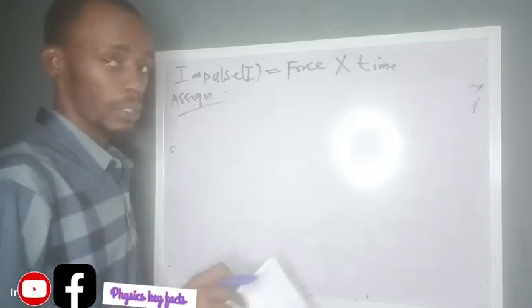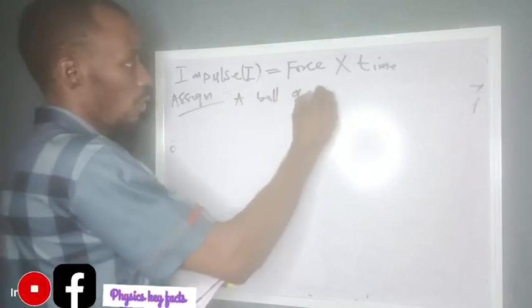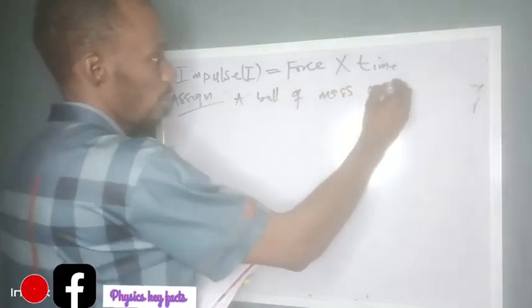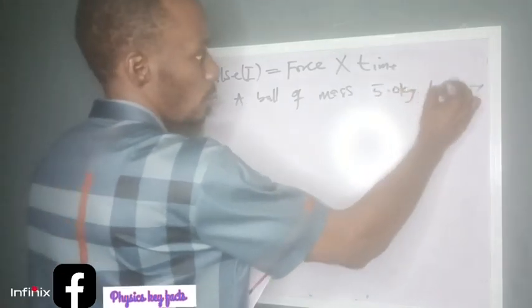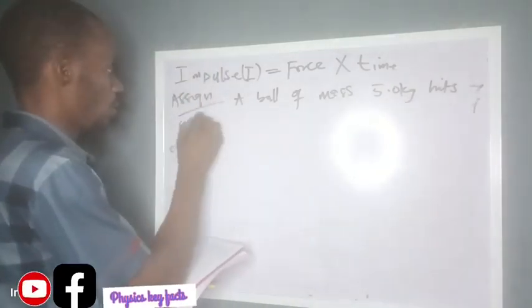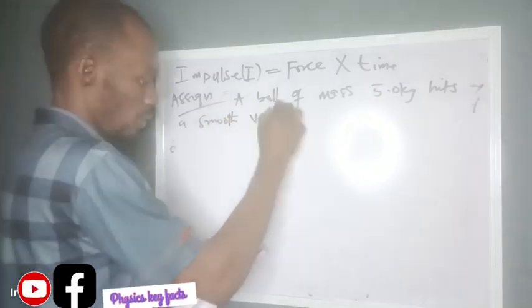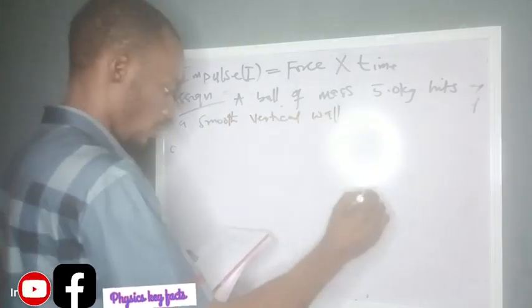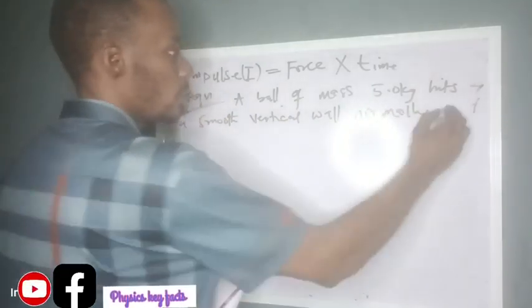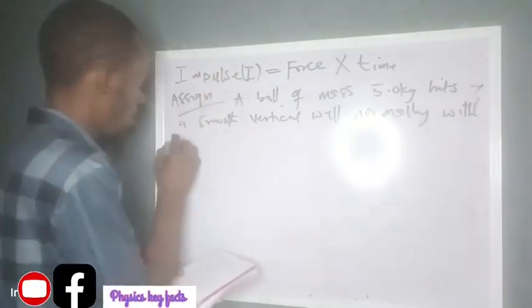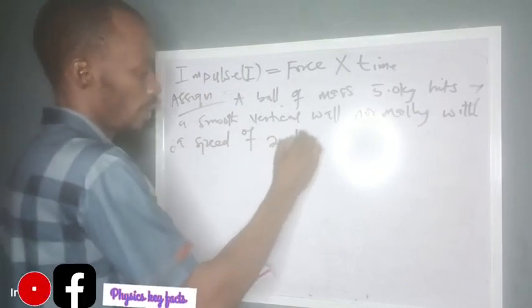This is an assignment. A ball of mass 5.0 kilograms hits a smooth vertical wall normally with a speed of 2 meters per second.